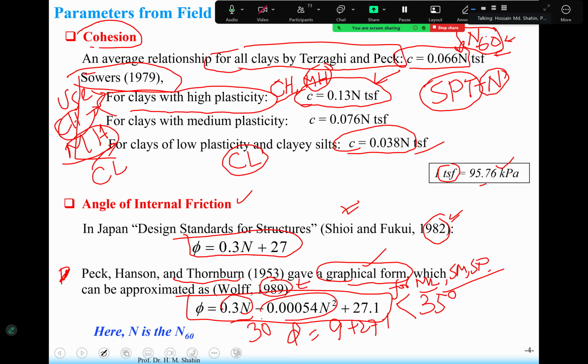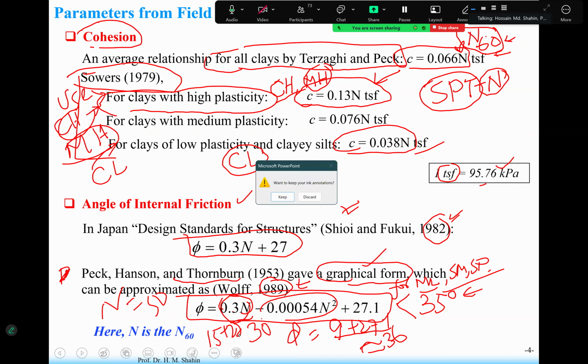So if you calculate, this one is 36.1, maybe 36, I don't know exactly. What you write there is 35 degrees, maximum 35 degrees. Say you have an N value of 50, many places you will see N value 50. So it is 15 plus 27, which is 42, so more than 42.